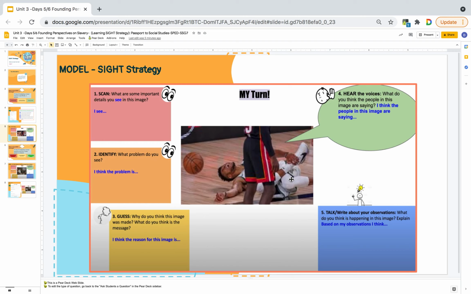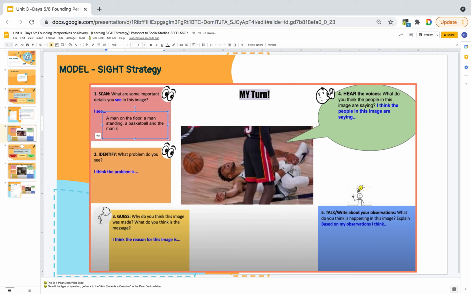And the first thing we're going to do is scan for some important details that we see in this image. So in this picture, I see a man on the floor, a man standing, a basketball, and the man is holding his foot.